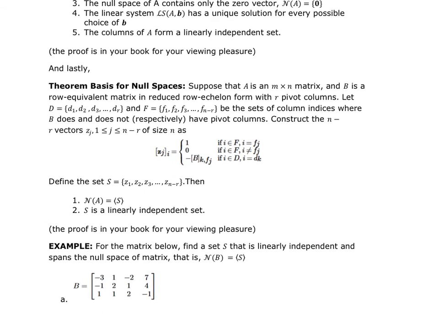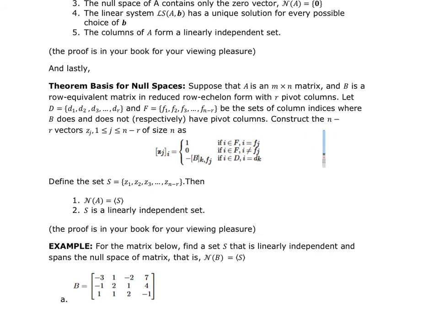My last theorem in this section is the theorem basis for the null space. Suppose A is an m by n matrix and B is row equivalent, in other words, I've done reduced row echelon form, with r pivots. Then the D set, as a reminder, is all the columns that are dependent, and the F set, the columns with the free variables, are the sets of column indices where B does and does not respectively have pivot columns.